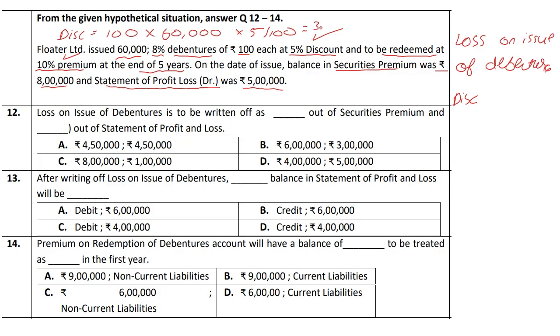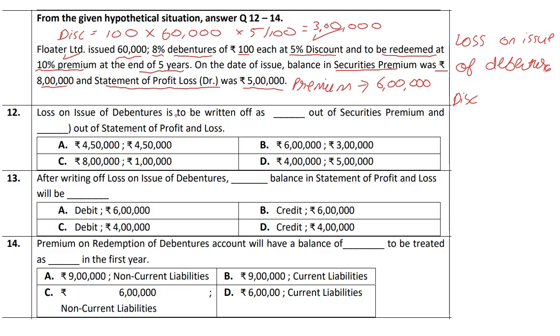So what I'm going to get over here is 3 lakhs. Similarly, a 10% premium, 5% is 3 lakhs, so this 10%, which is your premium, will be 6 lakhs.